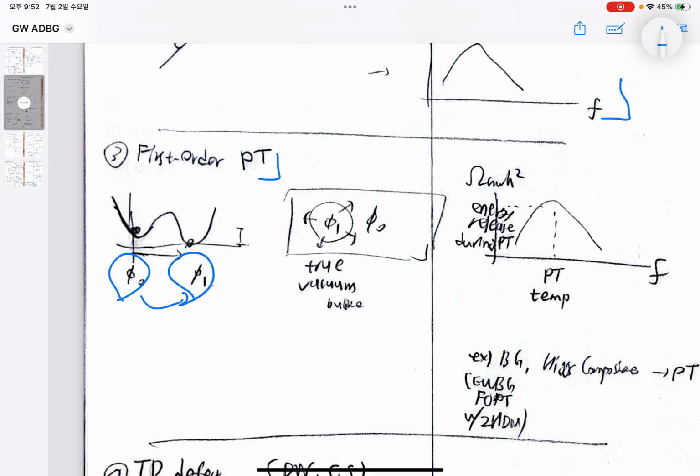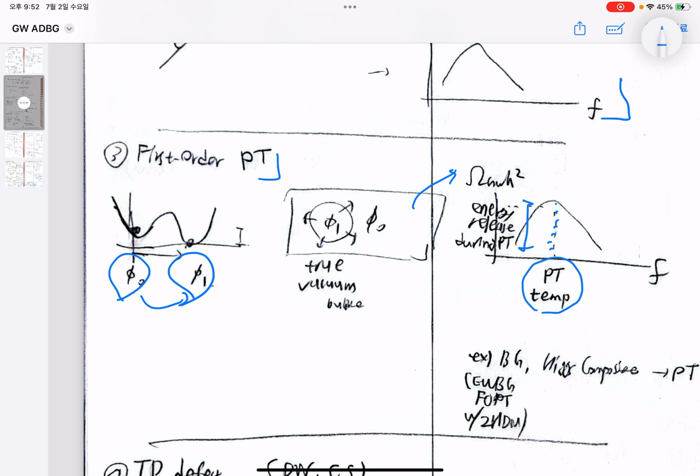So there will be true vacuum bubbles that exist simultaneously at one moment, and these bubbles will expand and collide with each other, and the collisions of these true vacuum bubbles make the gravitational wave. As I already mentioned, the peak position corresponds to the temperature of the phase transition, and the height is the energy released during the phase transition.